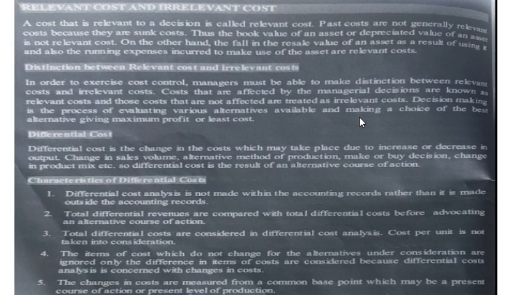You can take an example: all your fixed expenses can be considered irrelevant cost, which can also be called sunk cost, because whatever the production might be, the cost of these expenses will be fixed. The variable expenses are recurring again and again, and they keep changing based on the production output.